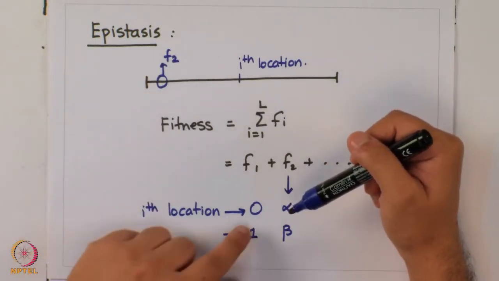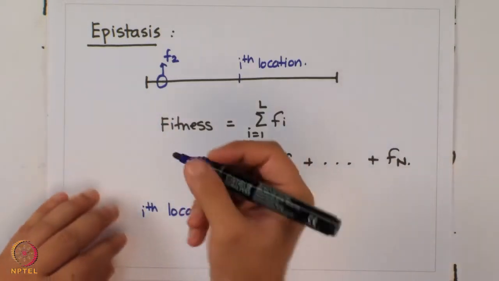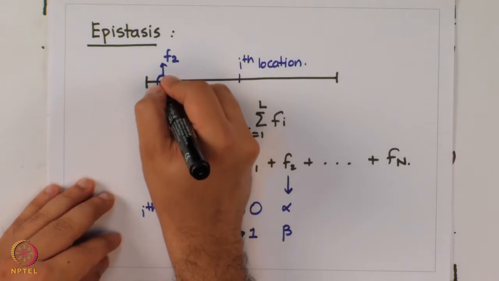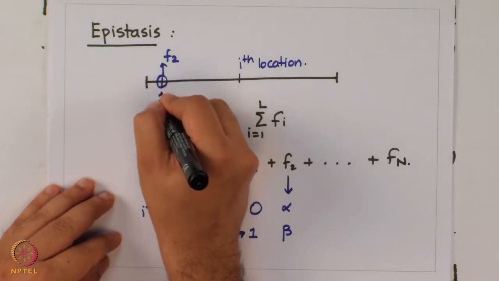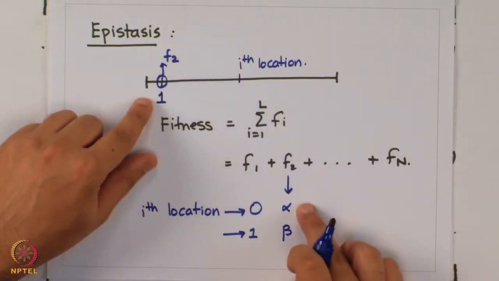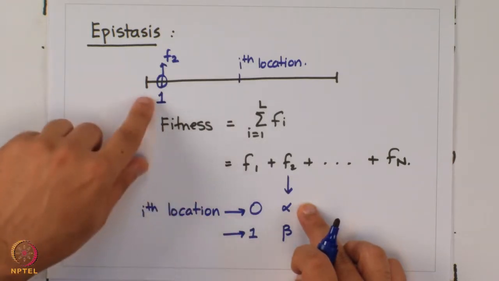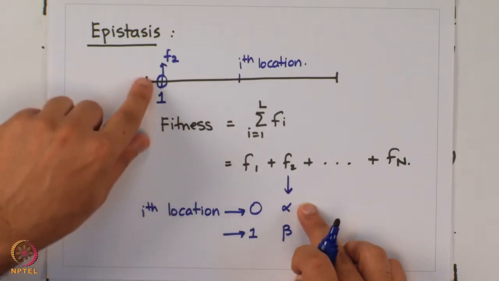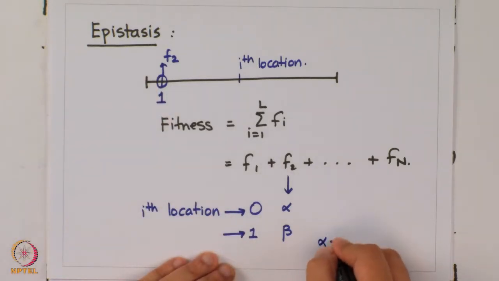If the ith location is a 0, then the contribution of the second nucleotide here, which let us say is equal to 1, is alpha. But if the ith location has a 1, then the contribution of that same 1 present on the second position is a beta, and alpha is not equal to beta.